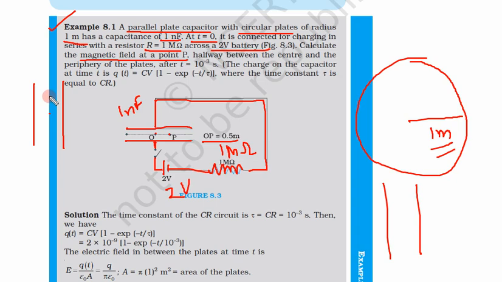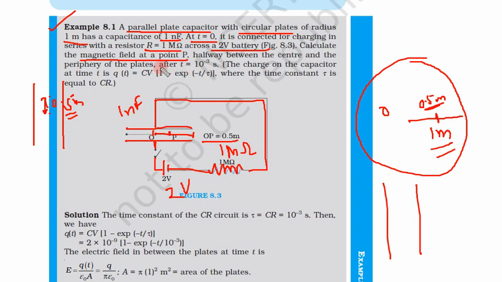Point P is 0.5 meter from the center, halfway between the center and the periphery of the plates. So this is the periphery, this is the center, and halfway of the radius is 0.5 meter.